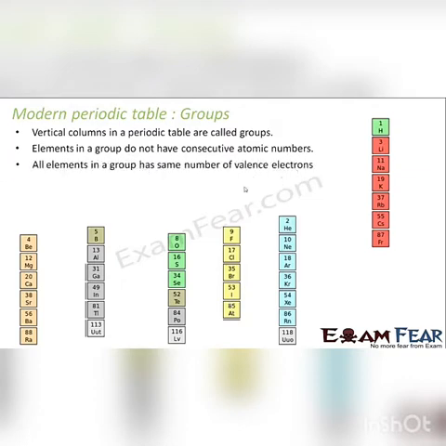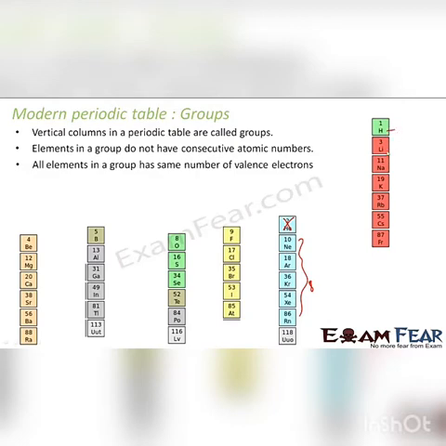And they have the same valence electrons, though. Helium has 2 electrons, and neon, argon all have 8 valence electrons. Sorry, this is my exception here: helium has 2, but apart from these, all have 8 valence electrons. If you see here, everybody has 1 valence electron.